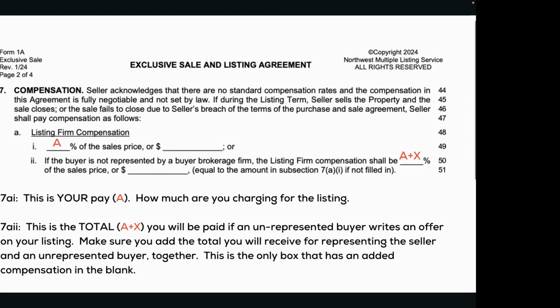This is the only section of this entire paragraph 7 when you're talking about compensation that gets added together. So the total amount that the listing broker would get is going to be written on line 50. So if you charge a percent, then however much more you would charge to help an unrepresented buyer would be added to that percent and put on line 50.